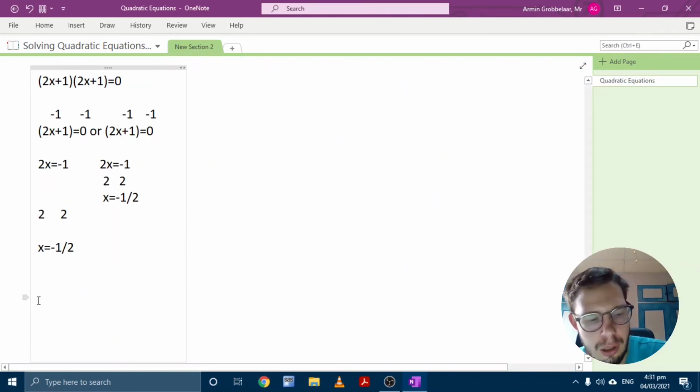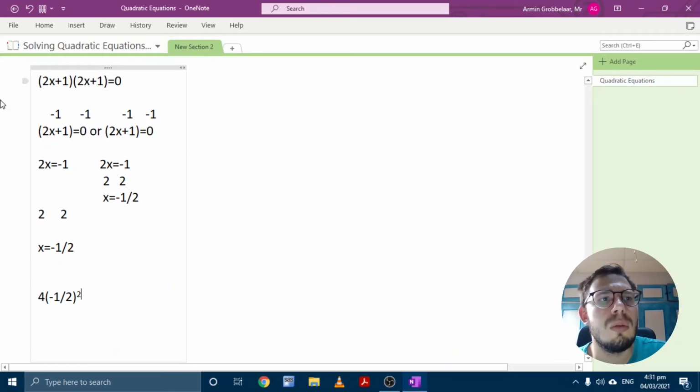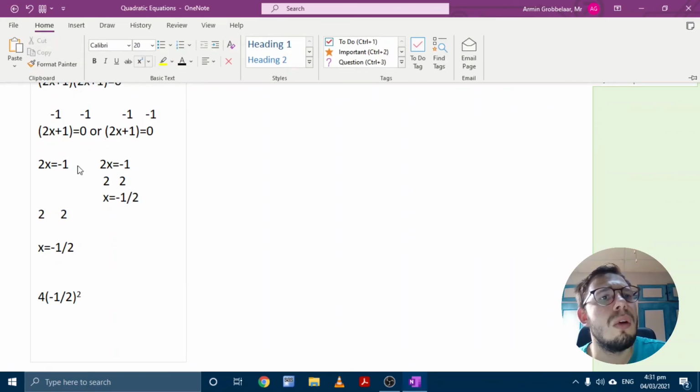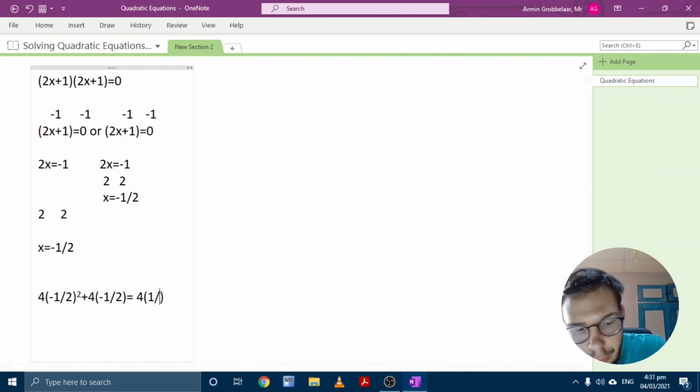So I'm going to say 4 times (minus 1 divided by 2) squared plus 4 times minus 1 divided by 2 is equal to, now minus 1 divided by 2 squared is just a fourth, so it's 4 times 1 divided by 4.